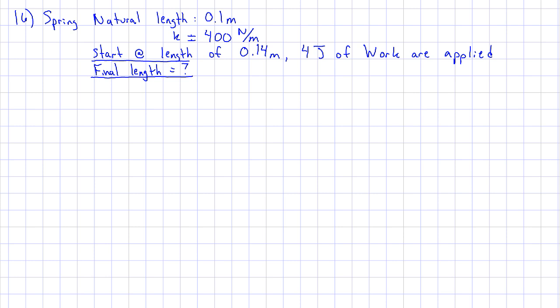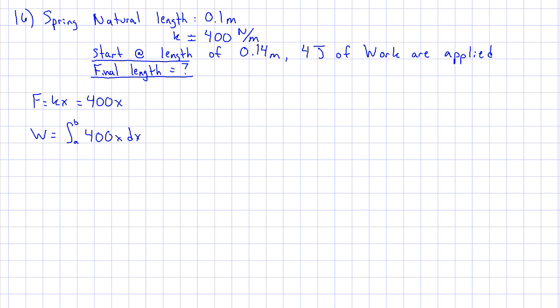Because of Hooke's law, I know that my force is equal to kx, and I have k. So for this problem, I already know my force function. I don't have to do additional work. I can jump straight to setting up my work equation. So work is equal to the integral from a to b of 400x dx.